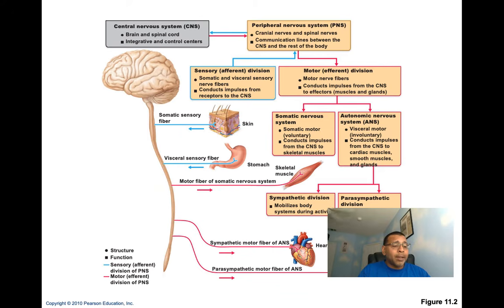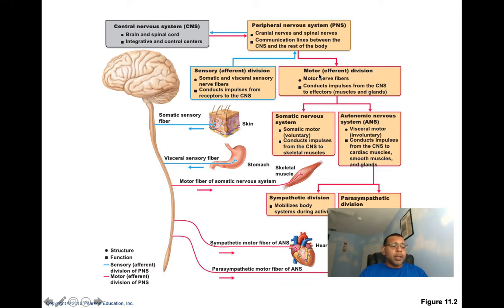We'll see we have spinal nerves and cranial nerves that we're going to go through and check out, and you'll be responsible for knowing about. Now, the peripheral nervous system is further subdivided into the sensory or afferent division and the motor or efferent division.